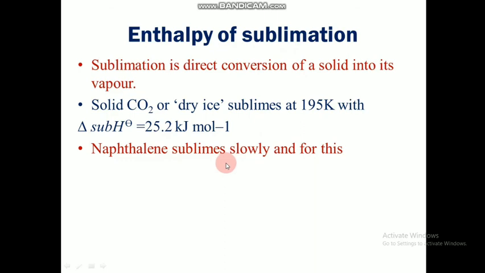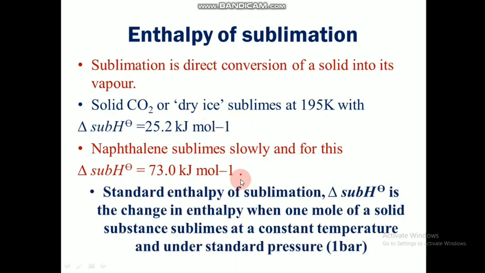Naphthalene sublimes slowly, and for this it needs a sublimation energy of 73.0 kilojoules per mole. In the case of CO2, lesser energy was needed, so the sublimation was faster. In naphthalene, sublimation is slow because the energy required is more. Why is this energy difference happening?